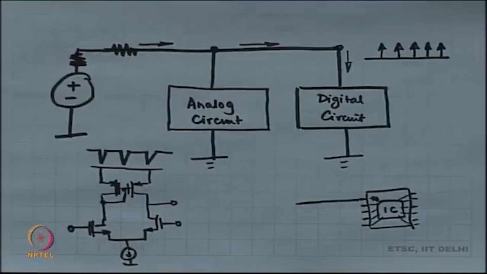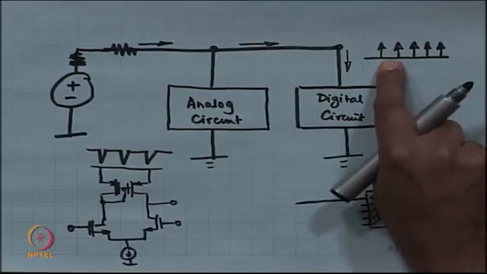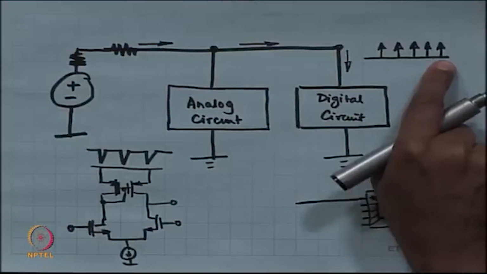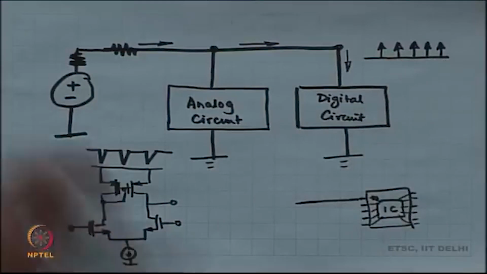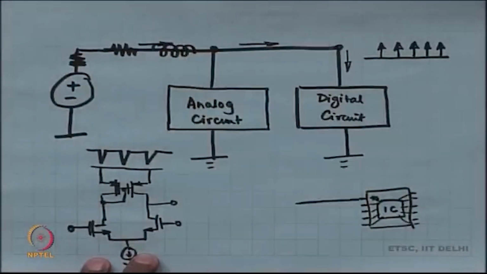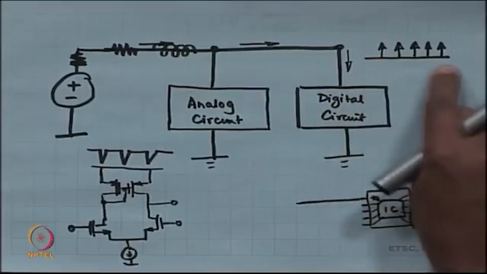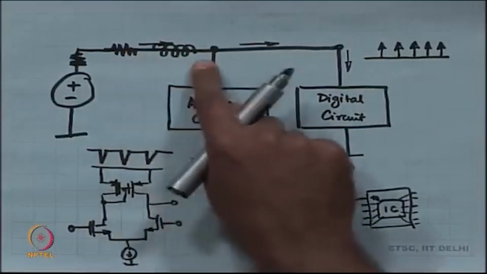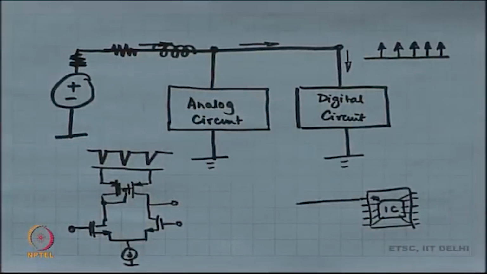So, everywhere you have inductance, and now this spiky current, this current which looks like a sequence of impulses, is coming through inductance, right. If I comes through inductance, what is the drop? L times di by dt.